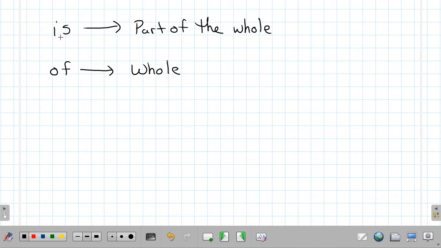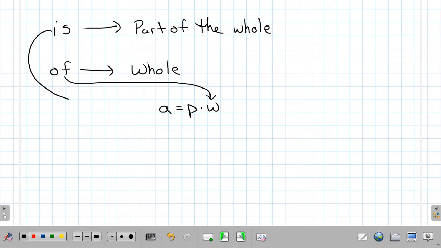But if you can associate the word is with the part and the word of with the whole, then every single time you're plugging into this equation, what is after of will go with the whole, and what is before is will go with the A. And then once again, the P is always a percentage.